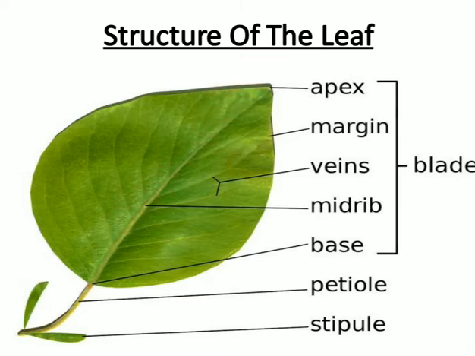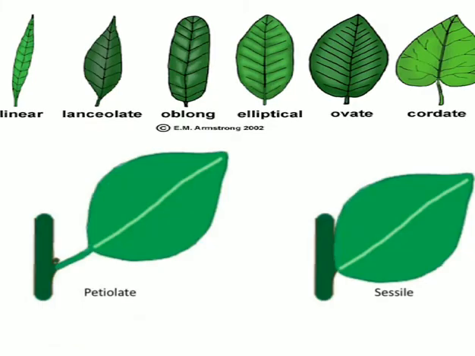Veins provide rigidity to the leaf blade and act as a channel for the transport of water, minerals and food materials. The shape, margin, apex, surface and extent of incision of the lamina vary in different leaves. As you can see here, my dear children, there are various shapes of leaves, some of which are depicted here.